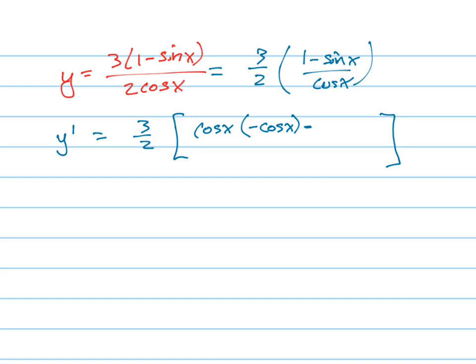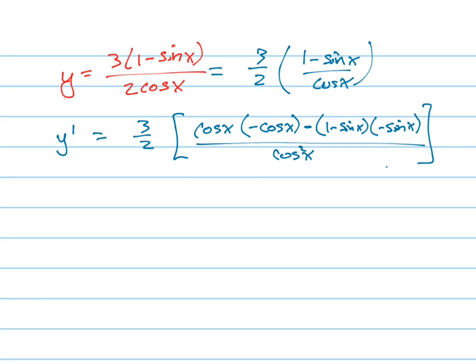Minus high, 1 minus sine x, d low, which is, what's the derivative of the low? Negative sine x. So we're going to have to clean that up in a bit. All over low squared, cosine squared x. Okay, so this equals 3/2 times negative cosine squared x.